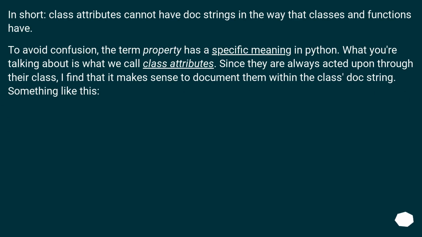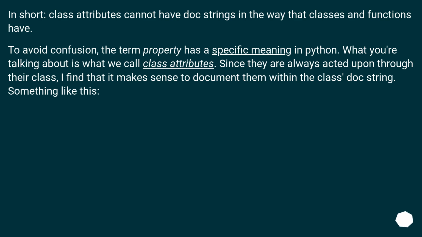In short, class attributes cannot have docstrings in the way that classes and functions have. To avoid confusion, the term property has a specific meaning in Python. What you're talking about is what we call class attributes. Since they are always acted upon through their class, I find that it makes sense to document them within the class docstring.